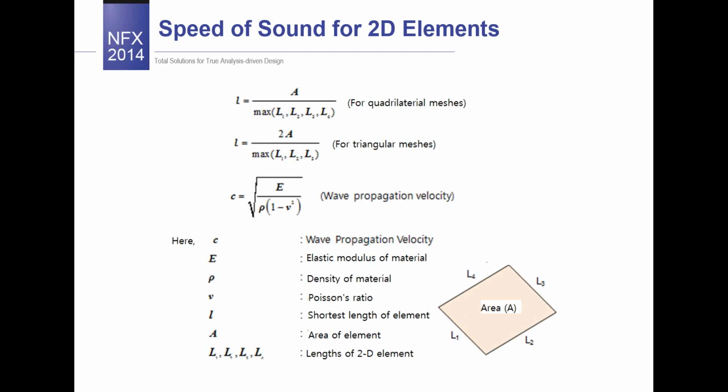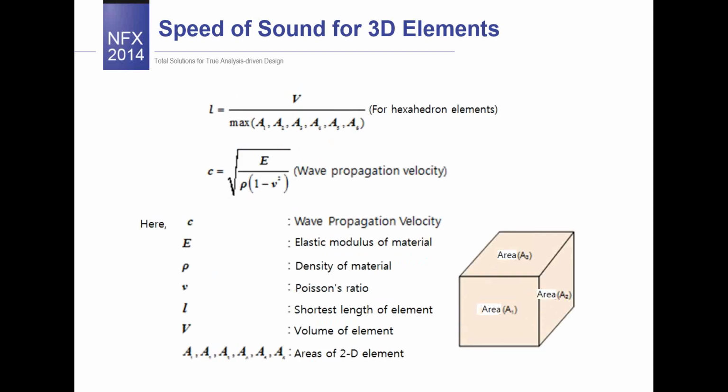The speed of sound will be estimated as the square root of Young's modulus divided by density, multiplied by a term in the denominator. So as you see, Poisson's ratio is included. For 3D elements, in this example a 3D hexahedron, the characteristic dimension L equals the volume divided by the maximum side face area, and the speed of sound will be estimated in a similar way to 2D elements.